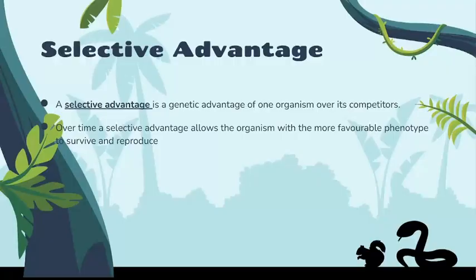So that is a selective advantage. It's a genetic advantage of one organism over its competitors. It could be within the same species, or most of the time within the same species. So over time, a selective advantage allows the organism with the favorable trait to survive and reproduce more. So essentially, explained by the moth.